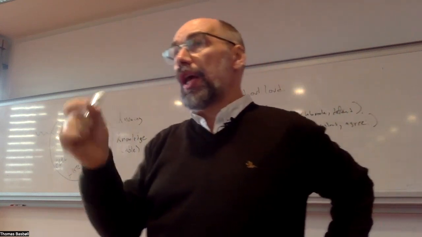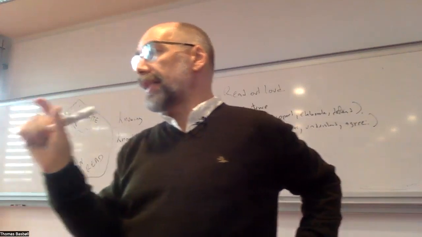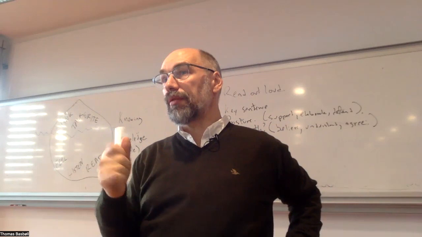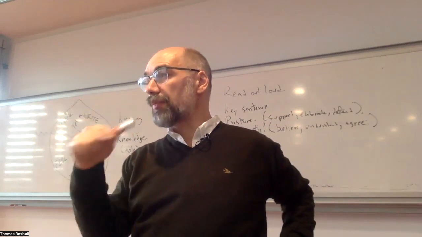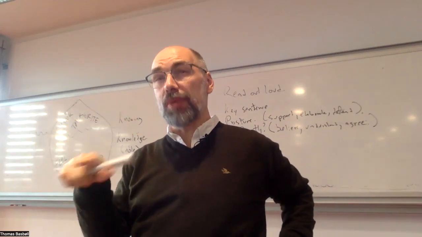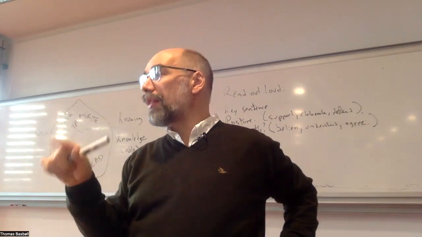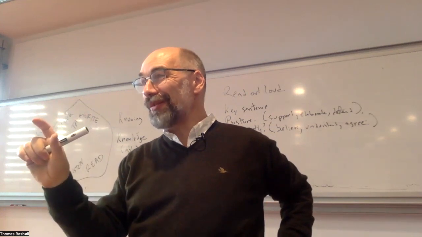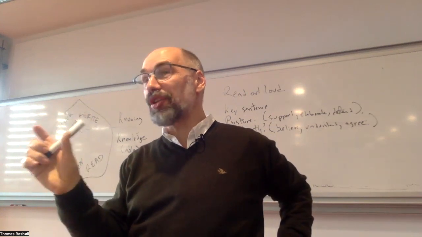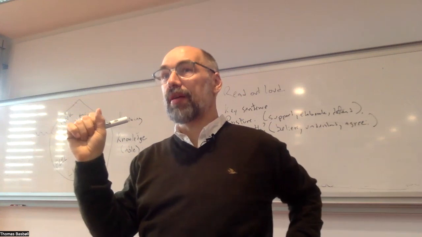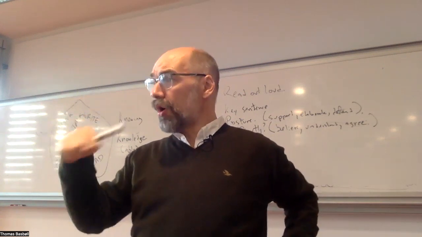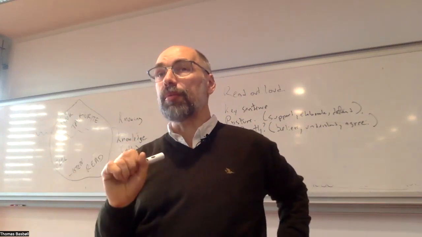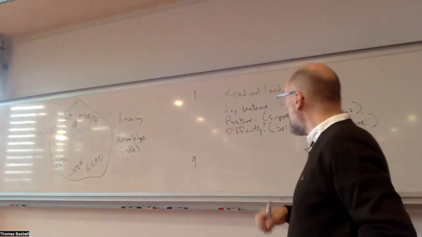So either the reader's saying, if I'd only gotten the key sentence, I would need evidence before I believe it. I would need help to believe it. Or if I'd only gotten the key sentence, I would need you to explain exactly what you mean. Or if I'd only gotten the key sentence, I would need you to defend yourself because I don't agree with you. If you just said that to me, I'd just say, well, I disagree. So I need more words to help me agree, or to help me understand, or to help me believe.